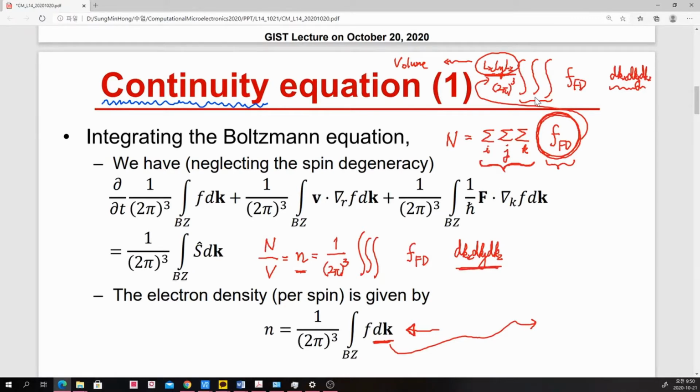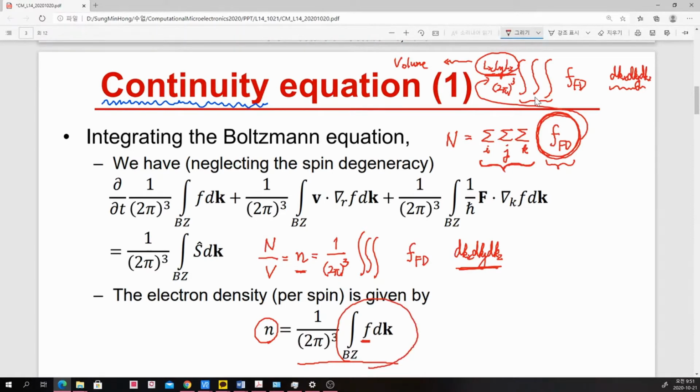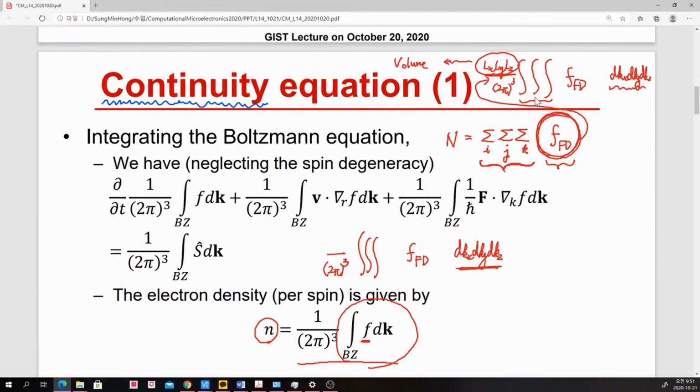Okay, so now you understand our electron density can be expressed in this form, just integration of the distribution function over our momentum space. So that gives the information. Let's say if you wanted to calculate the electron density, then what you have to do is just integrate the distribution function over momentum space.